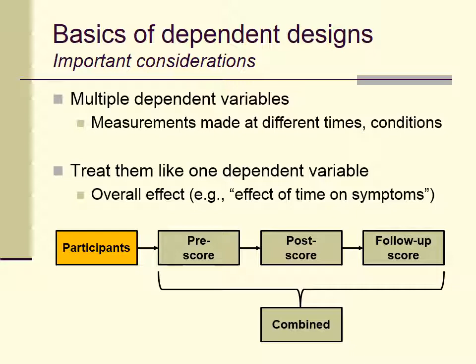So we might speak about the overall effect of time, or the overall effect of treatment on symptoms. And what we mean is how the pattern of responses changes across these multiple variables for the different participants. So we're taking two or more dependent or outcome variables, and in a sense trying to combine them or treat them as if they were the same thing.